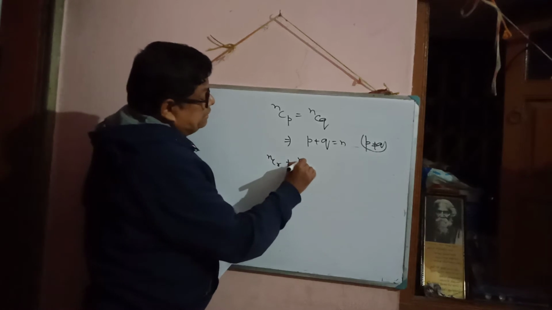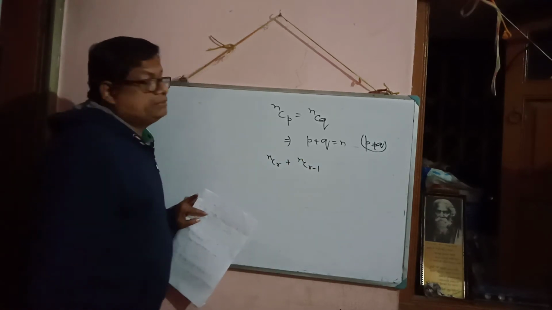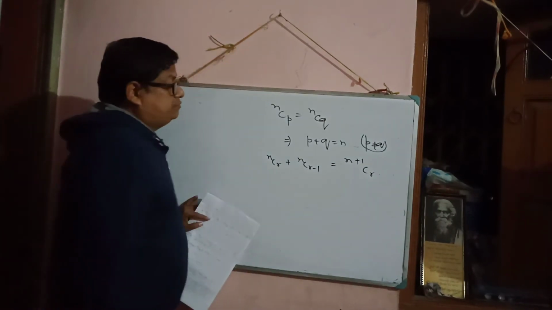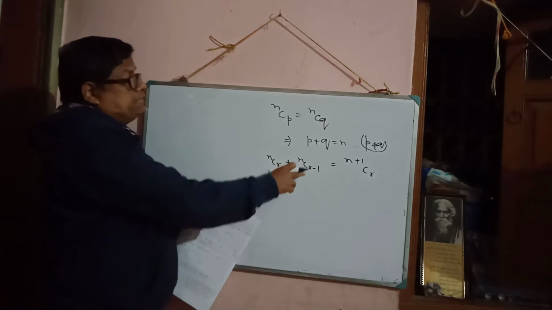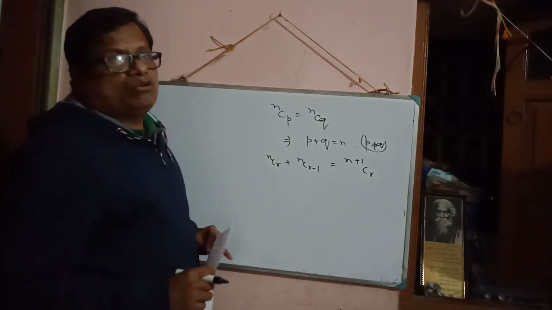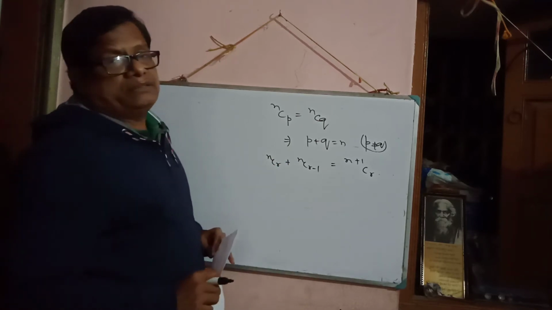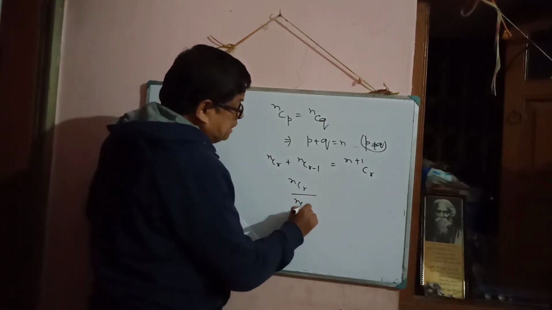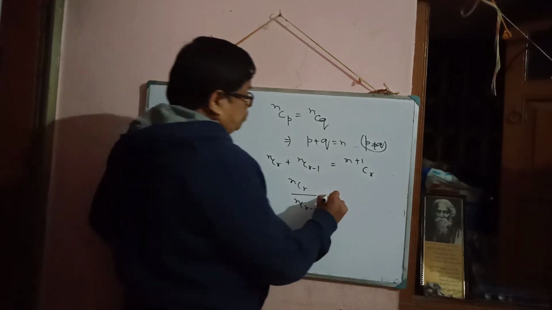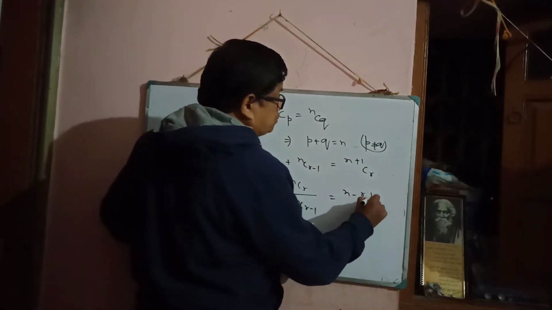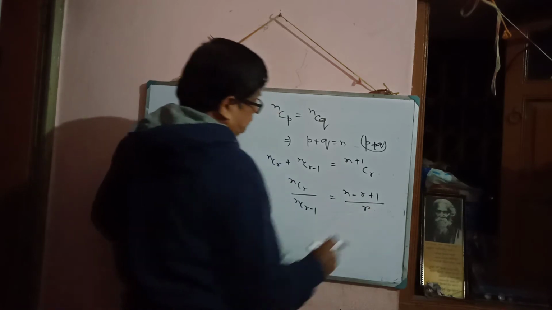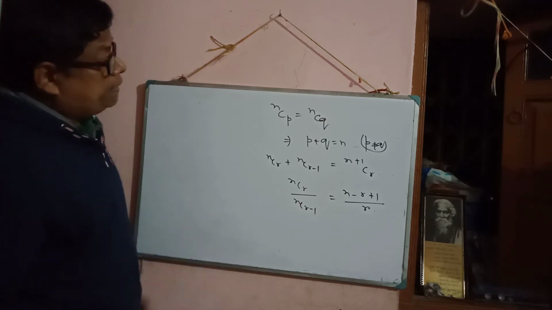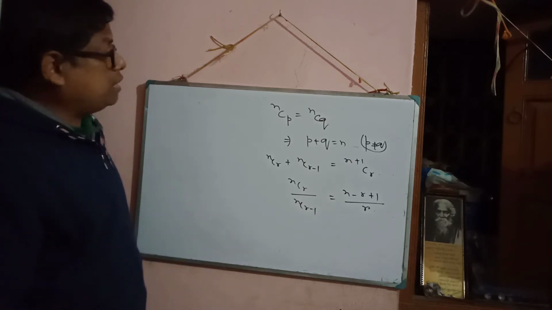And nCr plus nC(r minus 1) equals (n plus 1)Cr. Keep in mind. nCr by nC(r minus 1) equals (n minus r plus 1) by r.